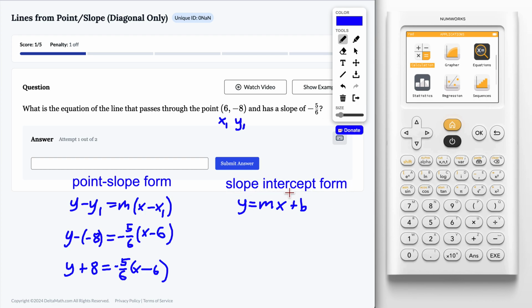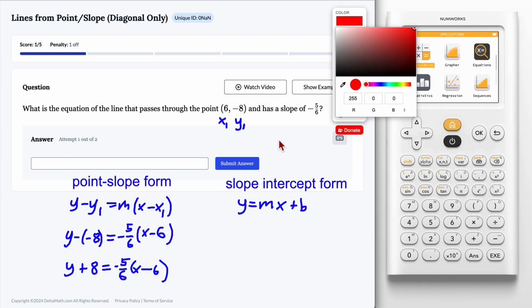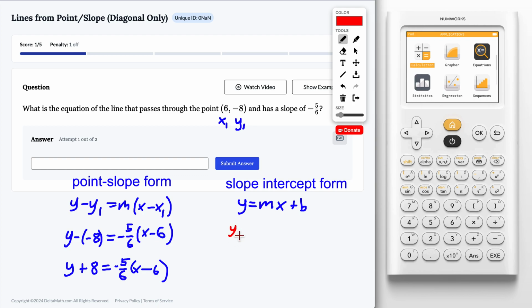So the way we get it to slope-intercept form is to simplify this and solve for y. So what I'm going to do here is start by writing my equation. Y plus 8 equals -5/6 times x minus 6.